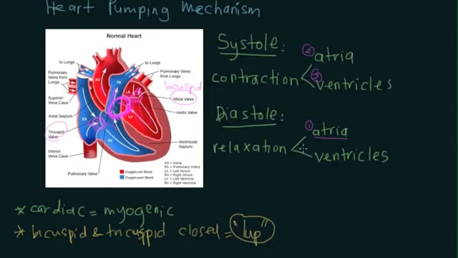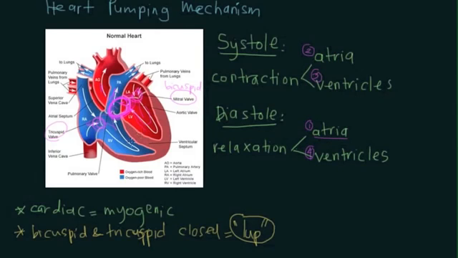Now we go to the last mechanism, which is the relaxation of both ventricles. When ventricles start to relax, their volume starts increasing. When their volume increases, what will happen to the pressure inside both ventricles?